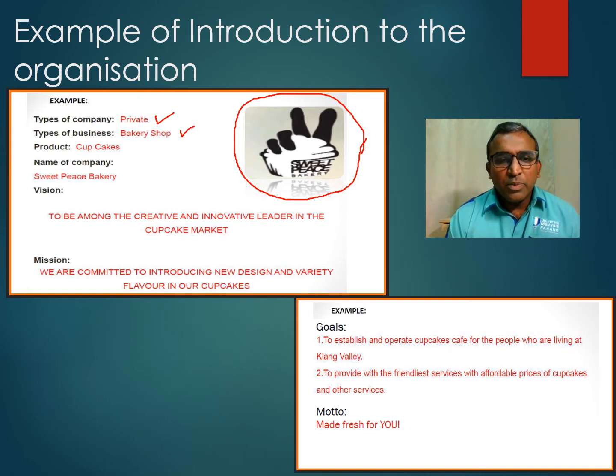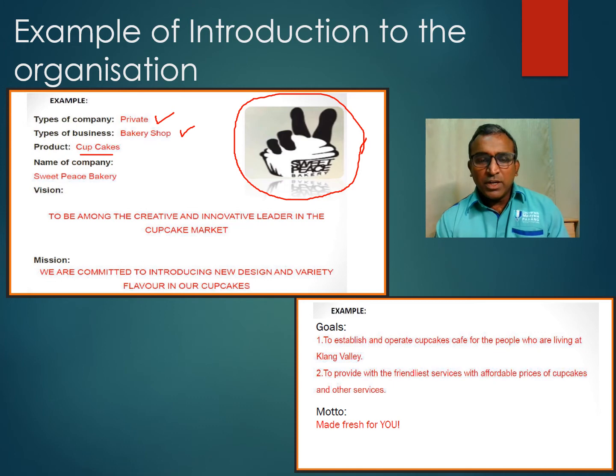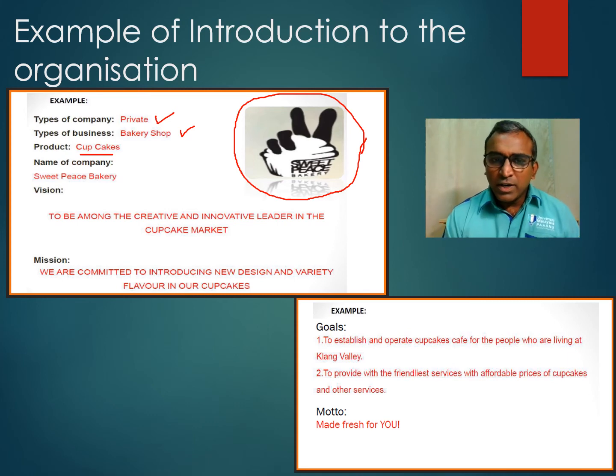And then the product, not one type, many types of cupcakes, perhaps with different flavors. The name of the company is Sweet Peace Bakery. So it is very much identifying as food related. When I mark, I look for this kind of connection for your company name and also the logo.